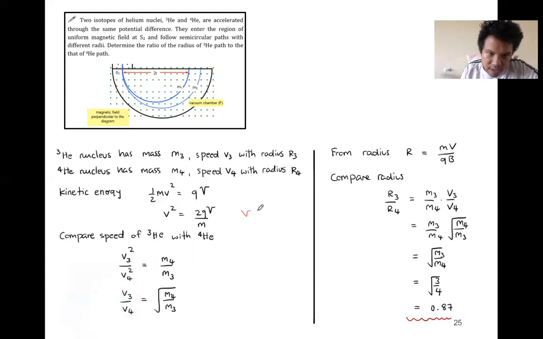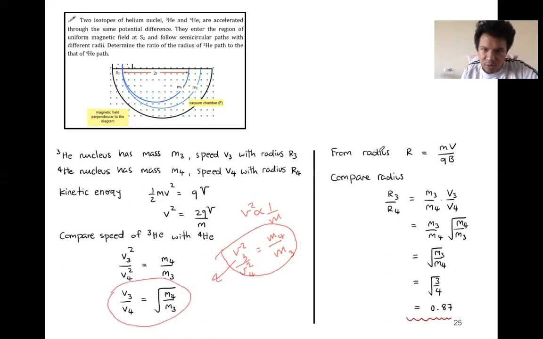So v squared is inversely proportional to m. When I write down the v squared of helium-3, the mass m3 will be here, and when I write down the v squared of helium-4, the mass m4 would be here. We keep this relationship to calculate the things about radius.